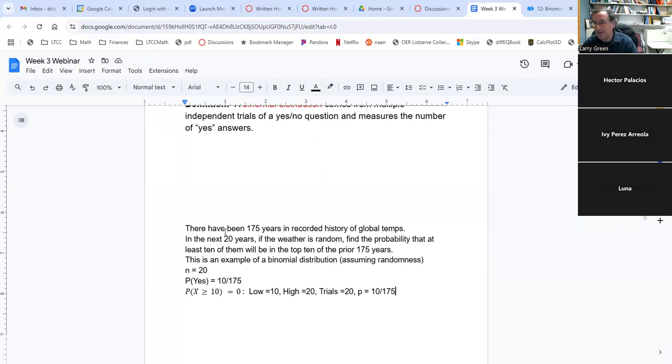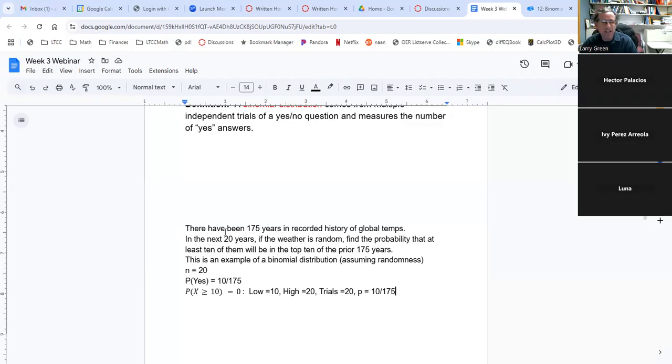What last year was in its rank? Any guess? Top four? Even more so. Top one. Last year was the highest average global temperature in the last 175 years.